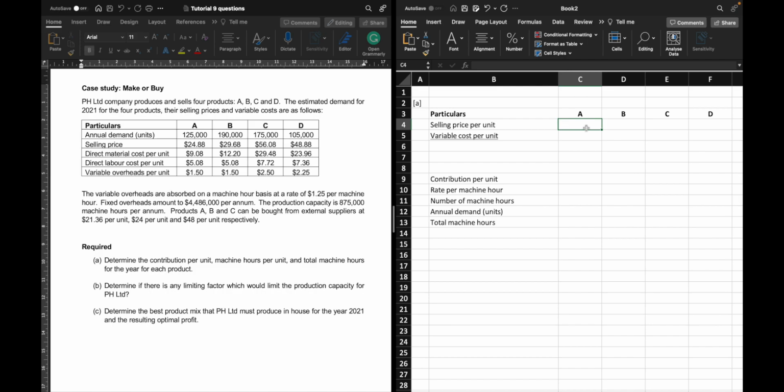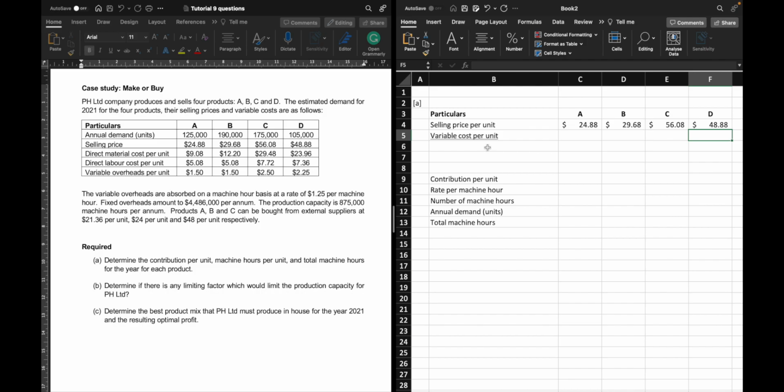Determine the contribution per unit, machine hours per unit and total machine hours for the year for each product. So let's take a look at this. The selling prices are 24.88, 29.68, 56.08 and 48.88 respectively for A, B, C and D. Then we move on to variable cost per unit.